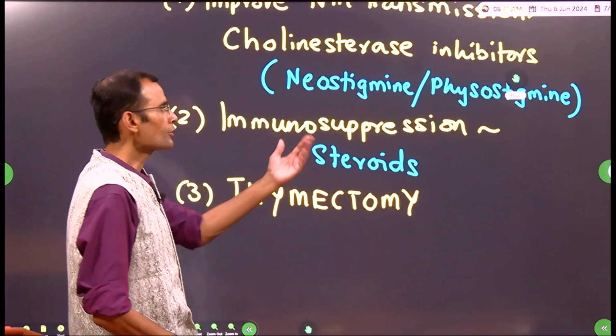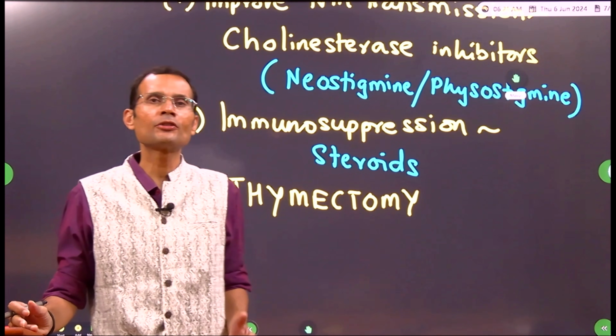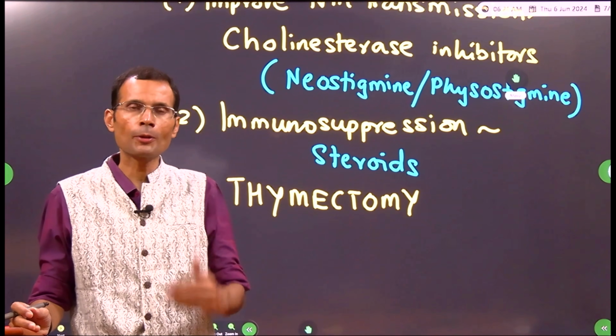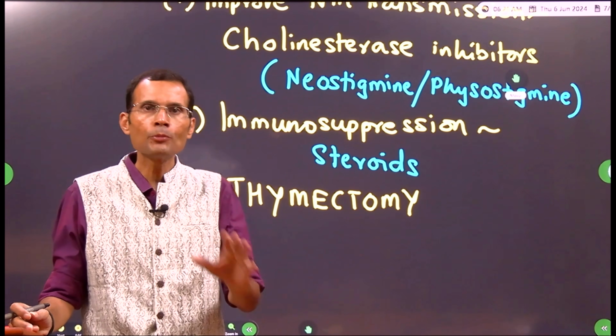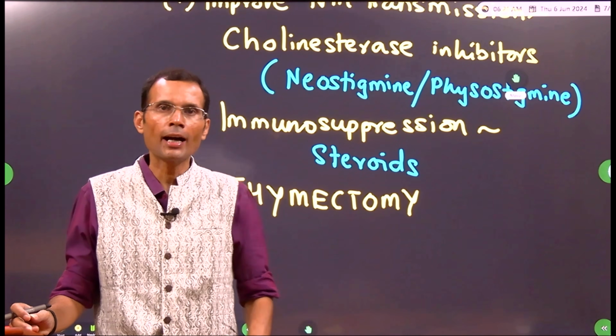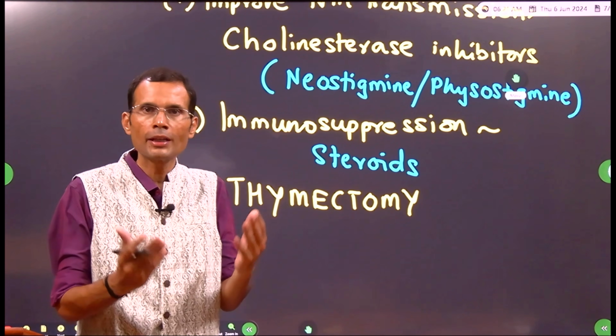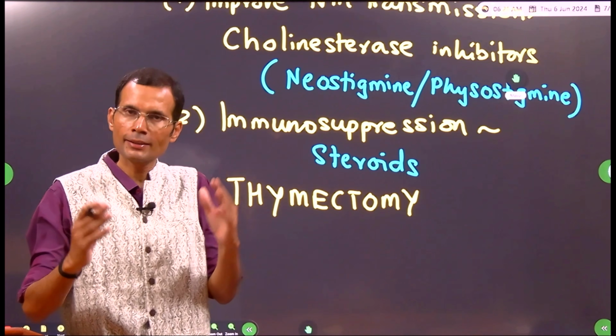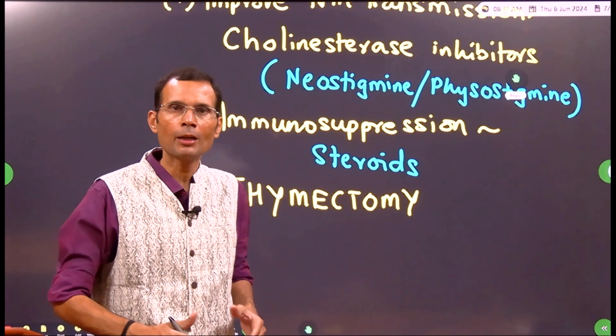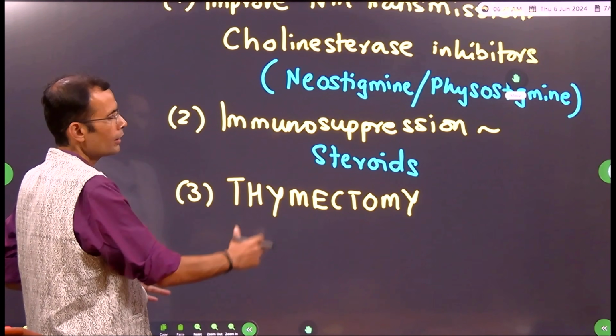Then of course, immunosuppression. Steroids, prednisolone, will suppress the immunogenic attack on the acetylcholine receptors, and thereby a good number of acetylcholine receptors may still be available for transmission.